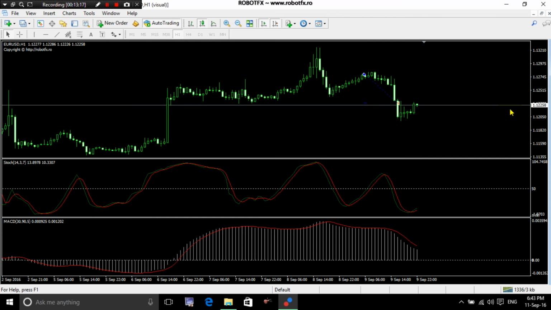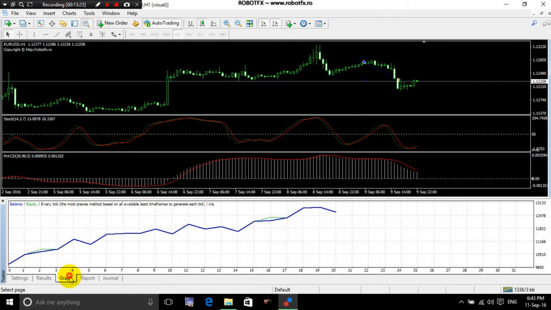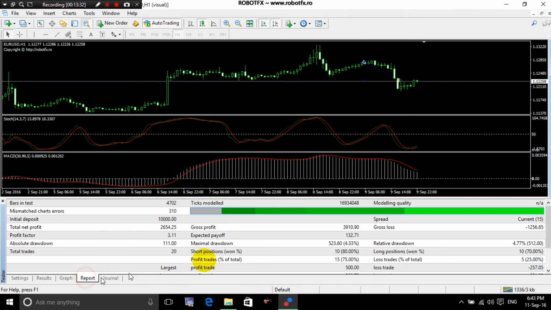Well, that's it. Let's see what happened. I remind you, you should probably, or for sure, change the settings. Well, anyway, this is quite nice for more than half a year. These are the results with the default settings on this pair on this time frame. $2,654.